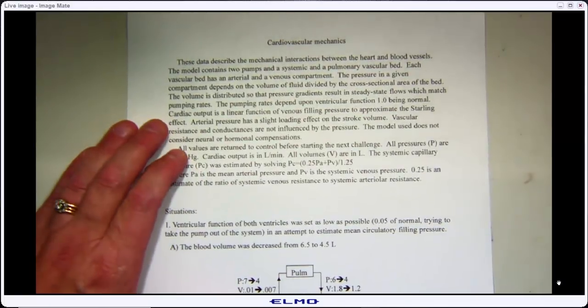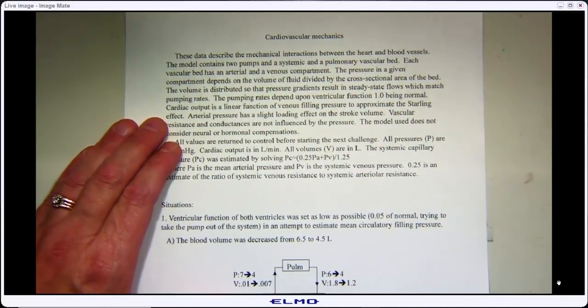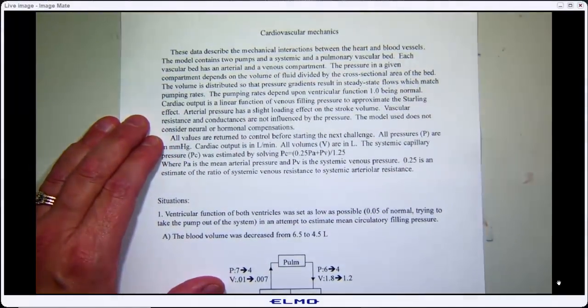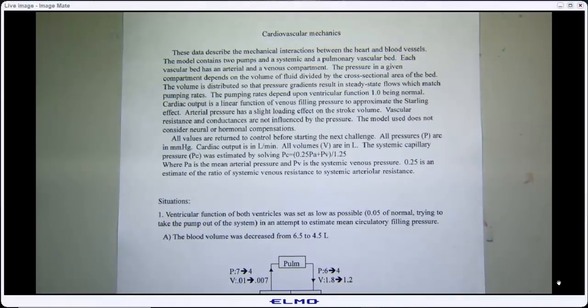So we're going to play with a computer program that unfortunately has come and gone, but I have the data from it still. Now on the very first day I said, on a good day, the cardiovascular system is a closed system, and I said we're going to hold that thought until we put the whole system together.